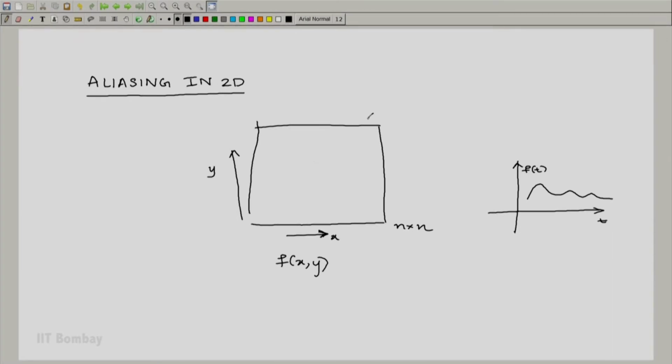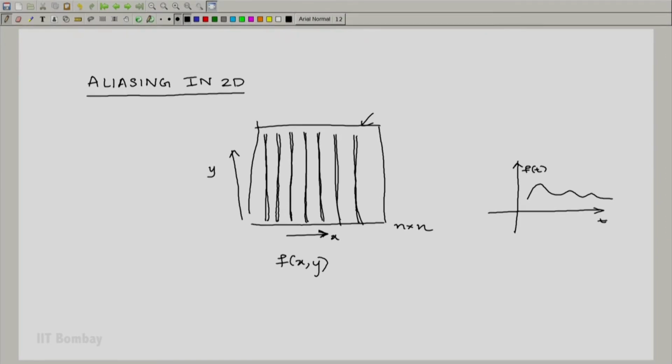Now let's take this image and let's draw a pattern like this. So this is a black line, the same pattern which we had used to see the example of Moire pattern.